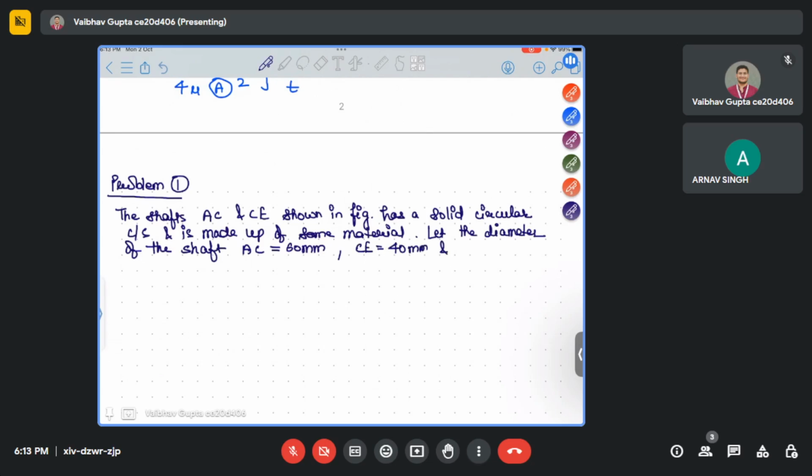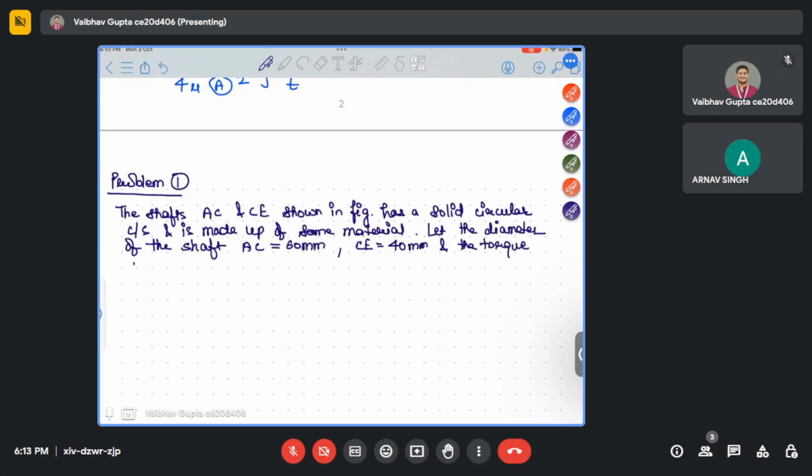And the torque applied: at three points the torque has been applied. At point B, TB is equal to 500 Newton meter, at point D it is equal to 1000 Newton meter, and at point E, which is 800 Newton meter.